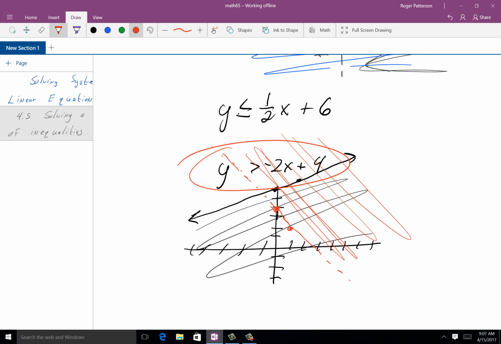Right where they overlap. And that's it. You don't have to say anything. That's your answer. The answer to these, you just graph them. That's it. Graph and shade.